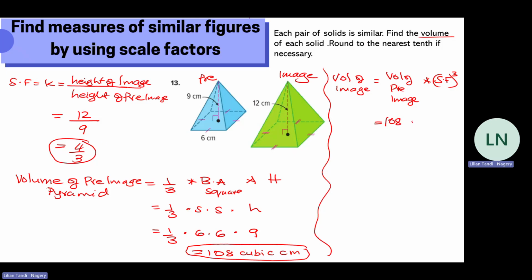And then you're going to multiply by the scale factor, which you got over here, 4/3 cubed. And when you put this in your calculator, you should get 256 cubic centimeter. And you box your answer.